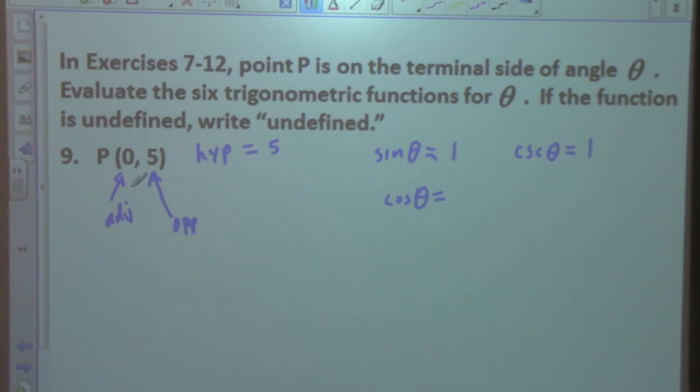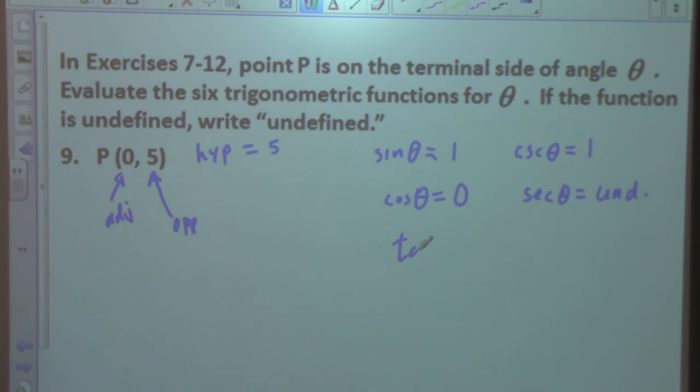Your cosine theta is going to be adjacent over hypotenuse, or 0, and your secant is going to be hypotenuse over adjacent, or undefined.